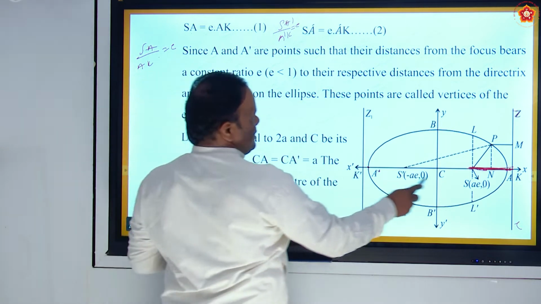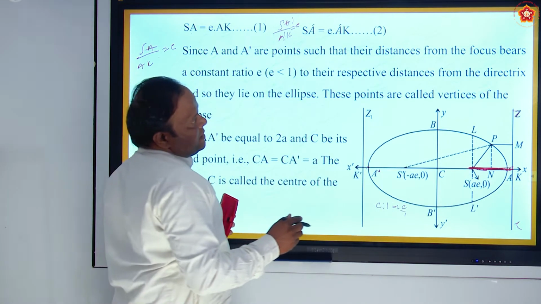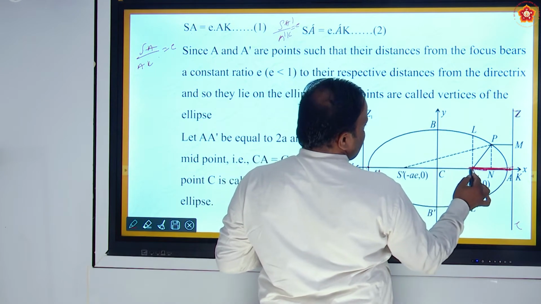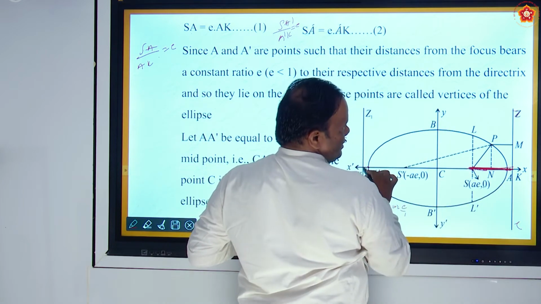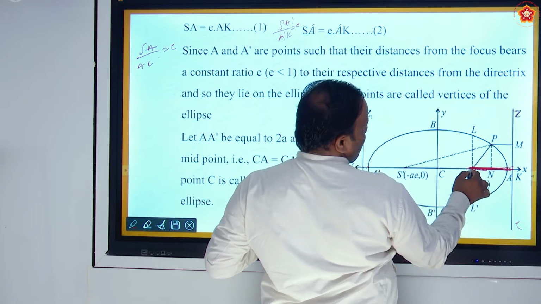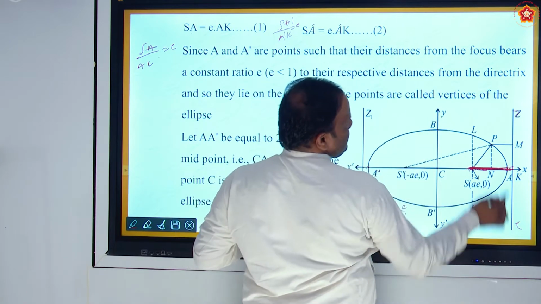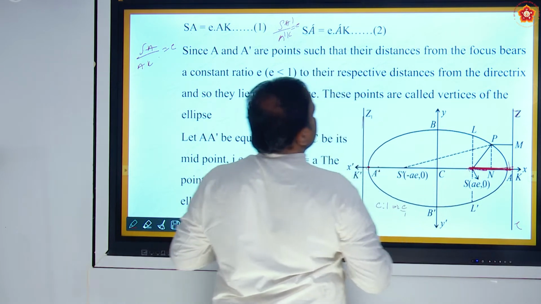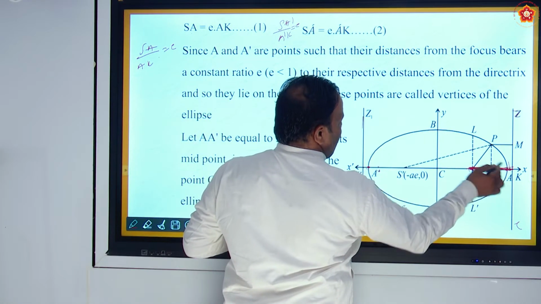Now, A and A dash are points such that their distance from the focus S bears a constant ratio E, less than 1, to their respective distance from the directrix, which is the definition of an ellipse. So A and A dash lie on the ellipse.